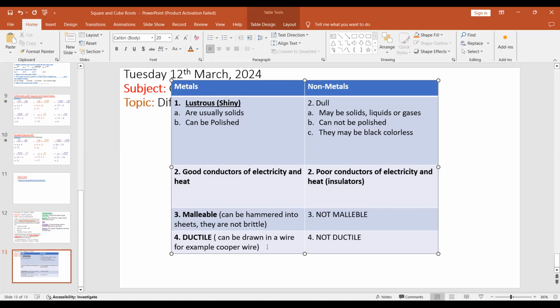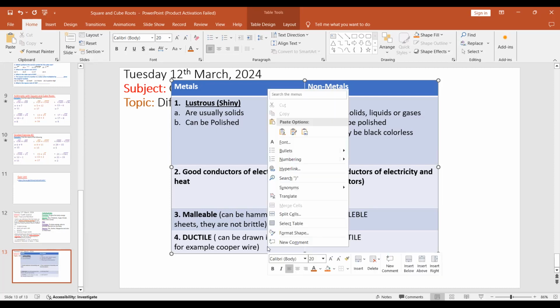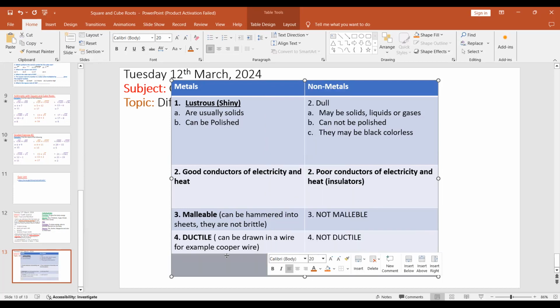Okay. And then the fifth one, and one of the reasons why we like to use metals is because metals are, as a general rule, strong. Strong and, let's say, tough, right?